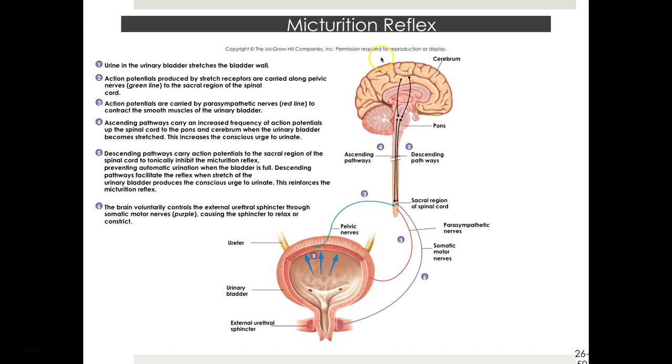Then we send action potentials through our descending pathways all the way down to our sacral region once again. And that is going to send information out through our somatic motor fibers over to our external urethral sphincter, telling it to relax and allow the urine to move out of our body.